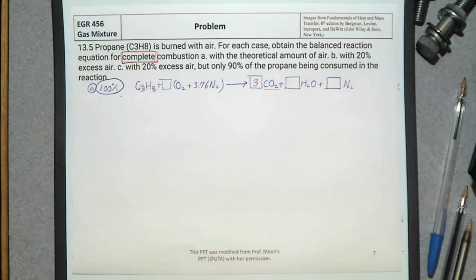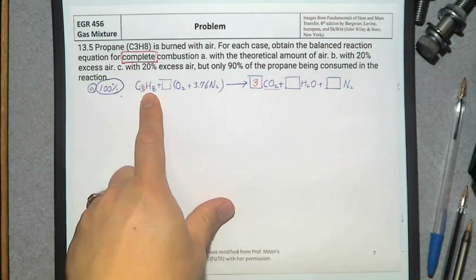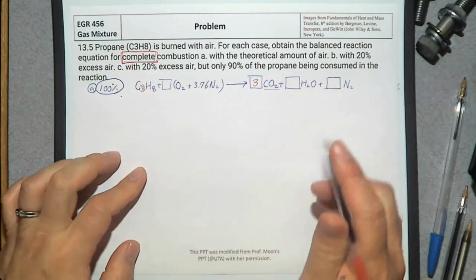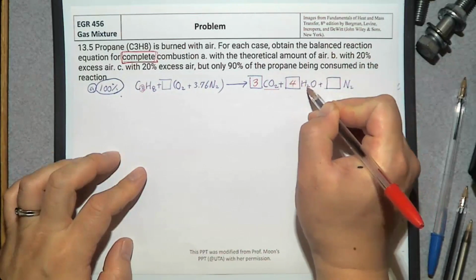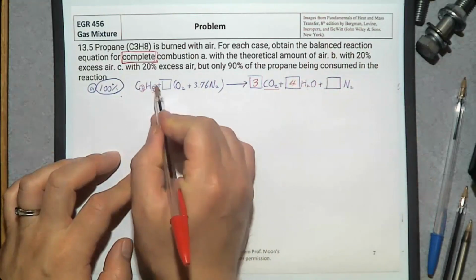We have 8 hydrogen atoms per molecule of propane. And each molecule of water has 2 hydrogen atoms. So 8 divided by 2. So how many molecules of water can we create from 1 molecule of propane? 4. So 4 times 2 is 8, and there's an 8.